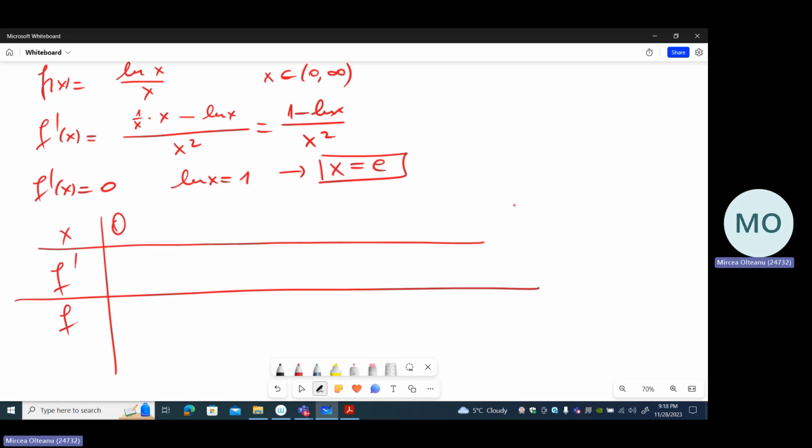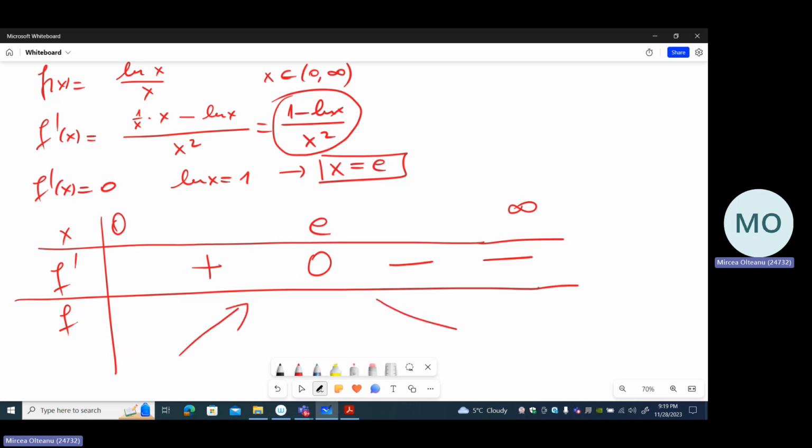And now the table of variation of the function. So this time the domain is 0, infinity. We have one single critical point, e. Now, the sign of the derivative, it's obvious, here it is positive, here it is negative. So the function will be increasing and then decreasing. The value at e equals 1 over e.